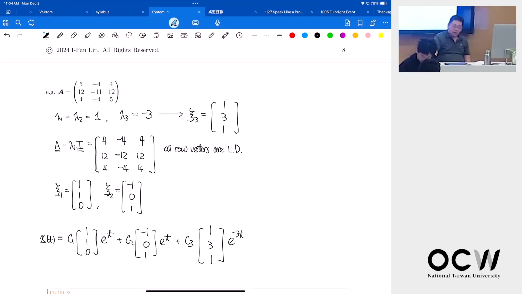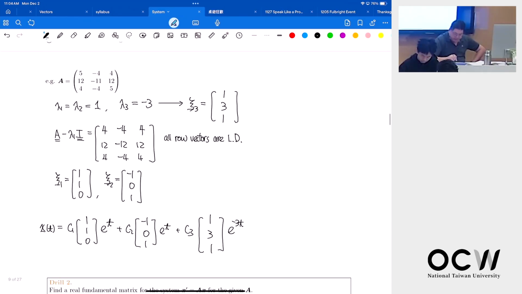Any questions for this example? Now, if you don't have any questions, then the next one.